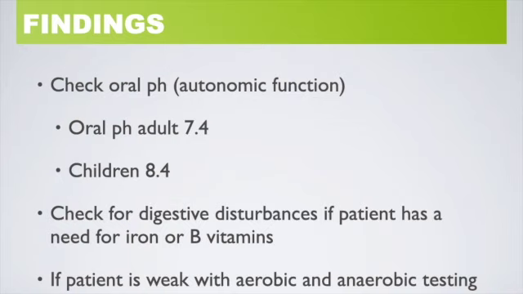Now, a normal oral pH is 7.2 to 7.4. Normal pH of the blood is about 7.4. Children can be much more alkaline. So checking oral pH along with this aerobic, anaerobic muscle testing can be very helpful.